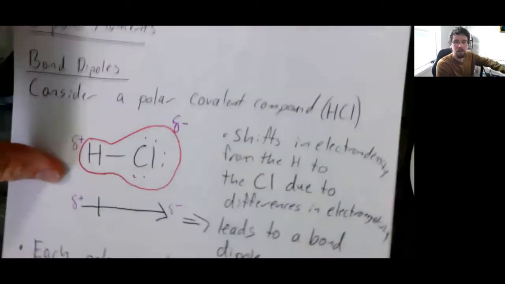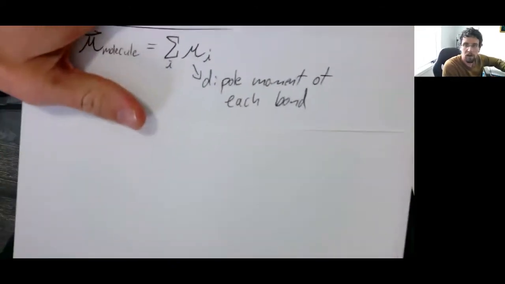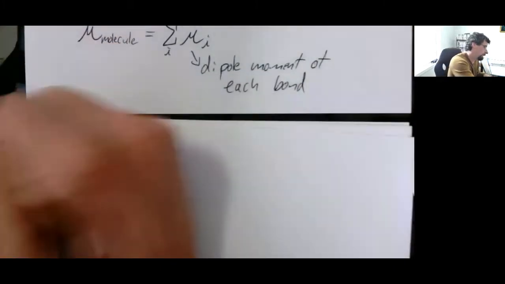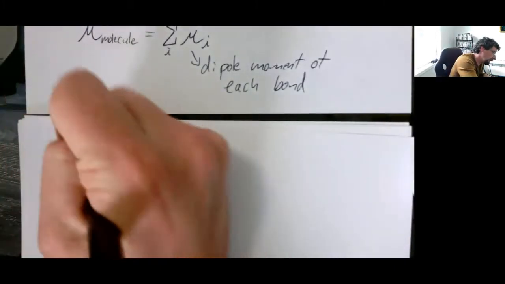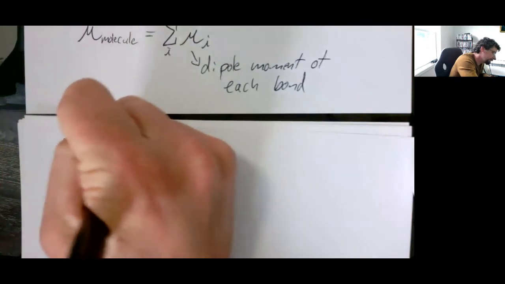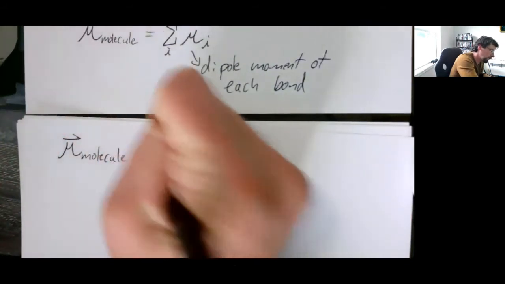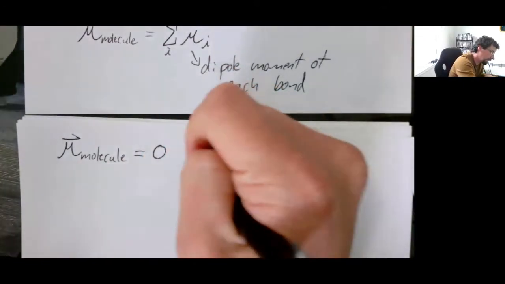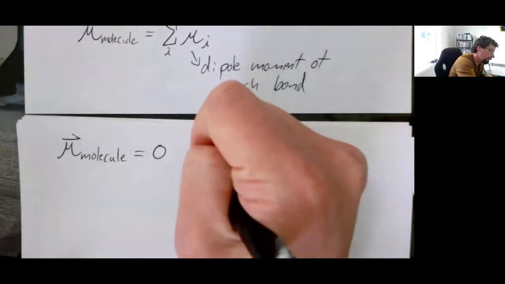Okay, and we give these quantities two types of names. If the overall dipole moment, the molecular dipole moment, is equal to 0, so we add up all those bond dipoles and they cancel out, the compound is considered nonpolar.